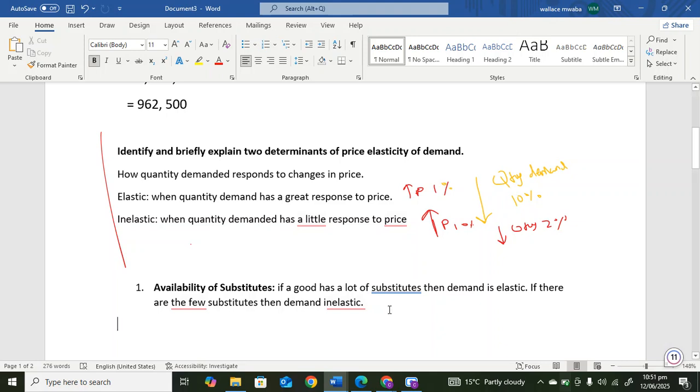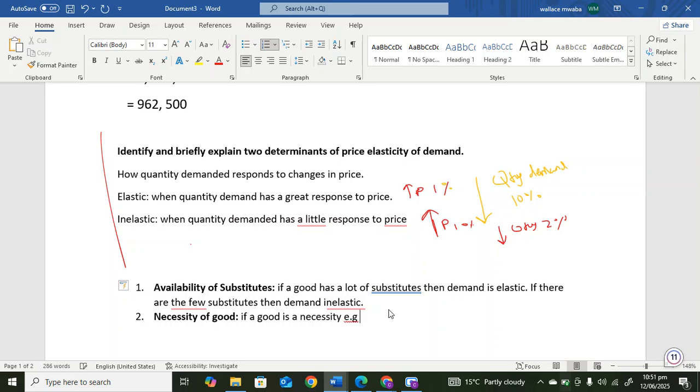The second determinant of price elasticity of demand is whether goods are a necessity. If a good is a necessity, like medicine, think of cancer medicine, you need that medicine to survive.